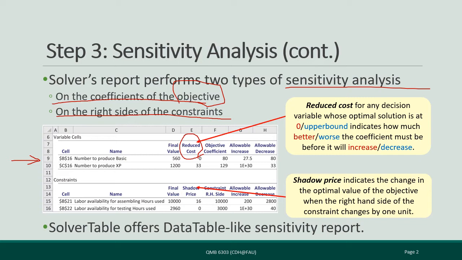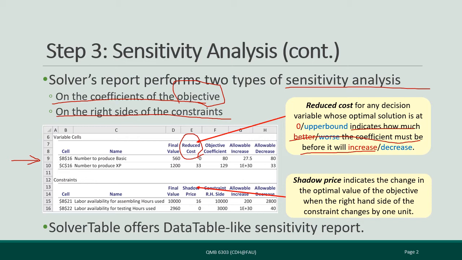This applies if the decision variable is either 0 or at its upper bound, that is, the upper limit of whatever value it can take on when you produce the optimal solution. Let's say the decision variable happens to be 0 when the solution is optimal. Then the reduced cost indicates how much better the coefficient must be before the optimal solution will increase.